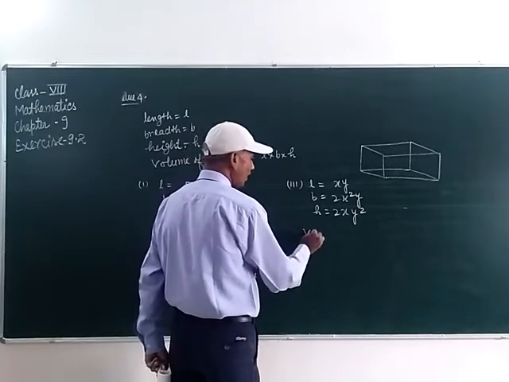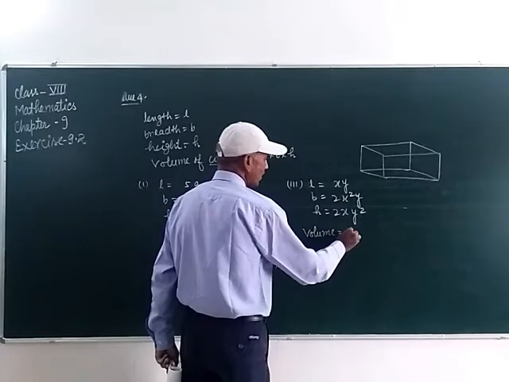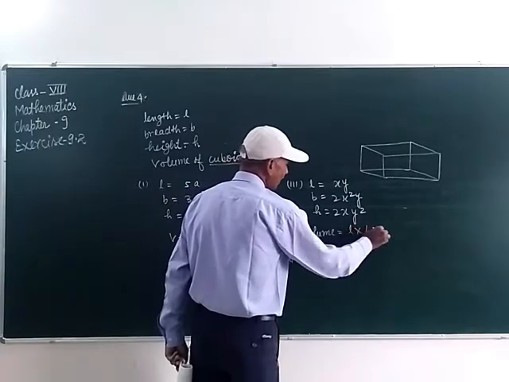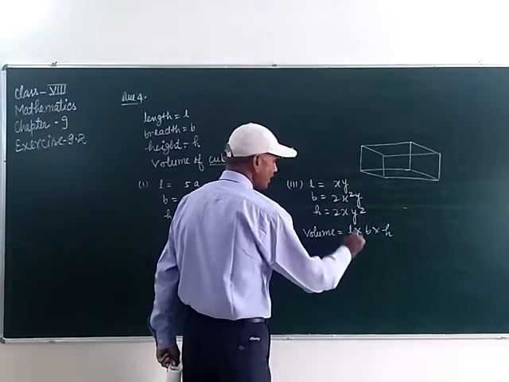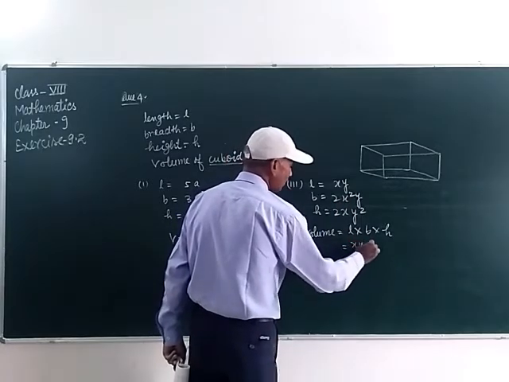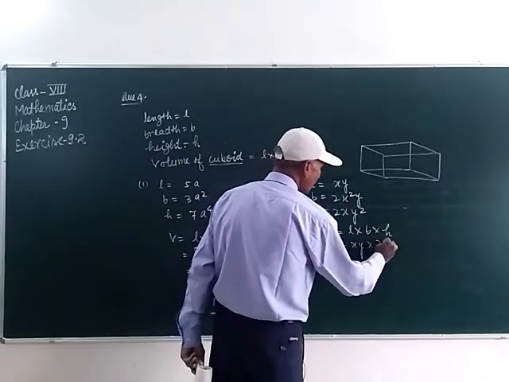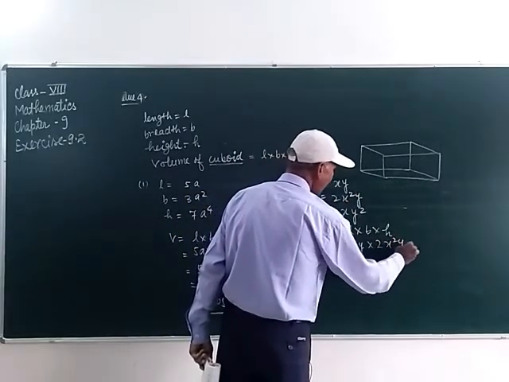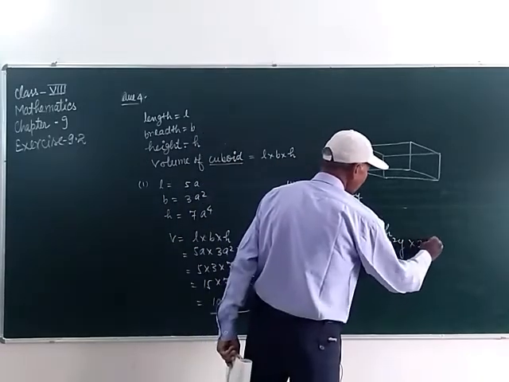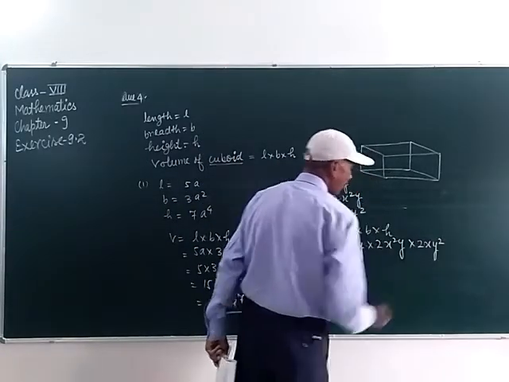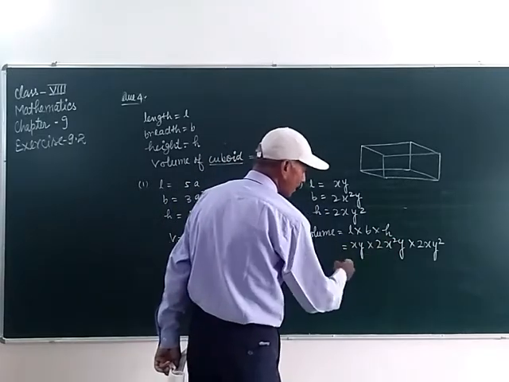Now we have to find out the volume. Volume is equal to L into B into H. So in place of L, that is xy, student, xy into, in place of width 2x square y, and in place of height, that is 2xy square.